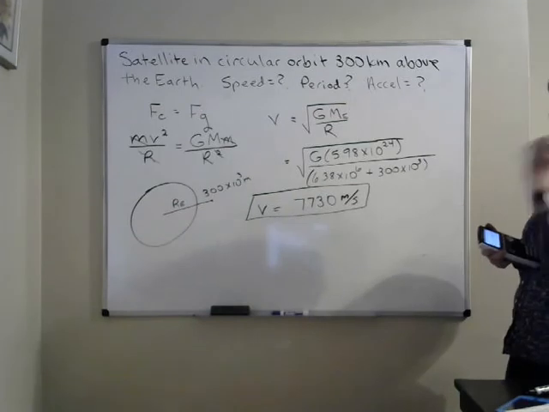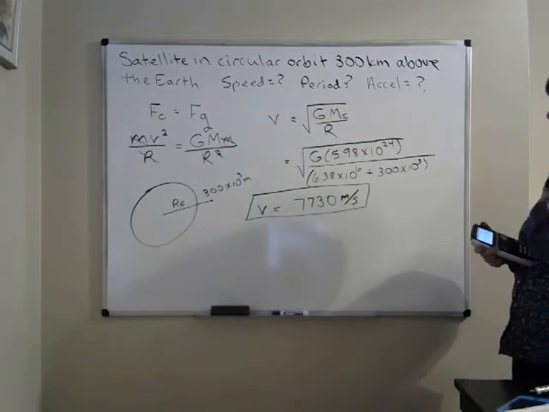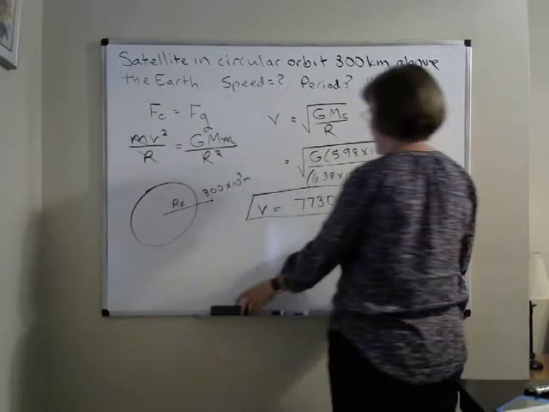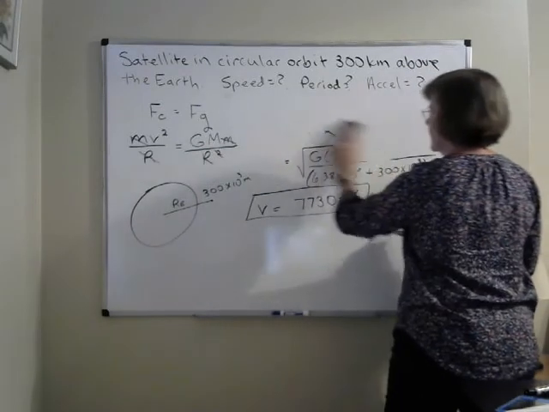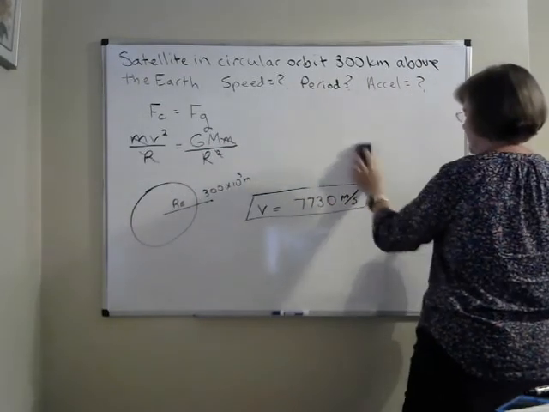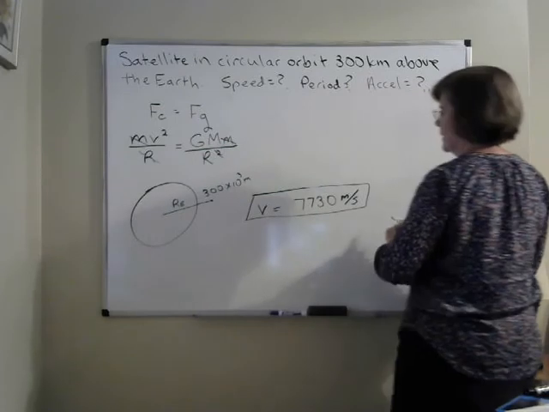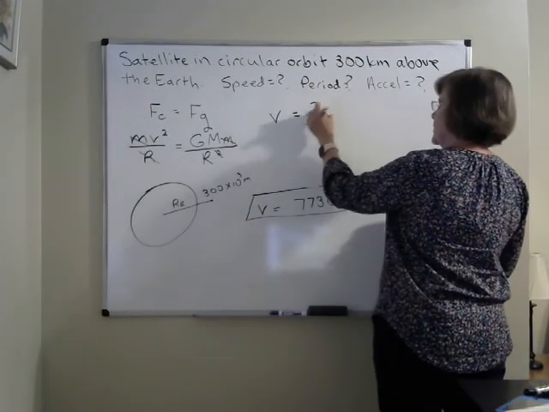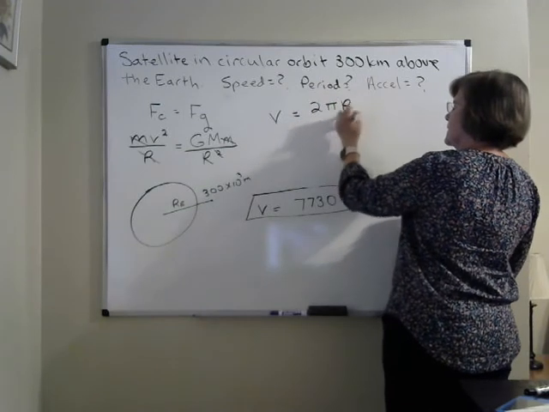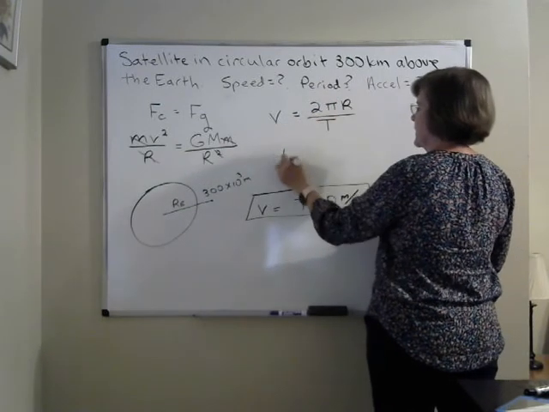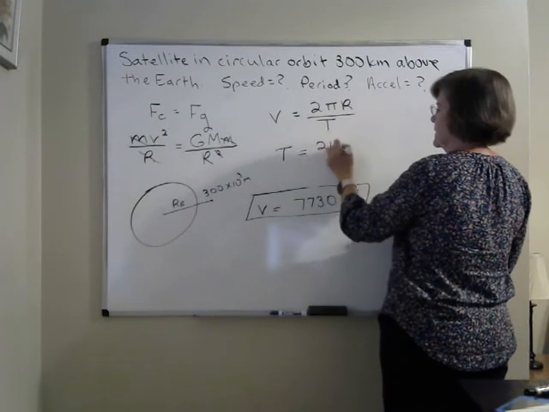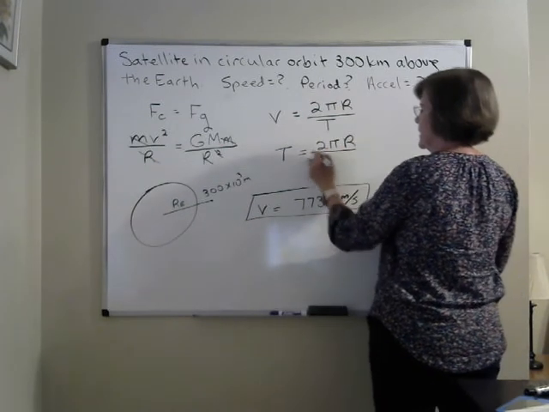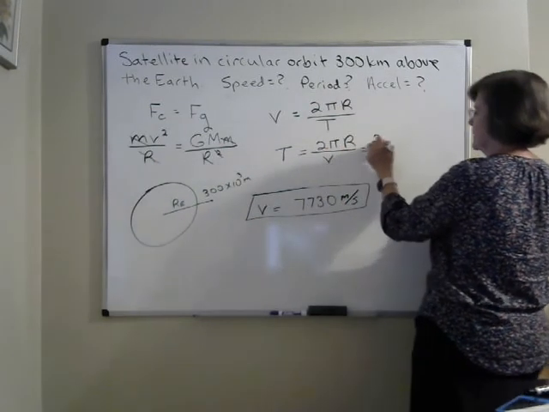What else do they want to know? They want to know the period. Well, think about how we can get period. We know that the speed is the circumference divided by the period, which means the period is the circumference divided by the speed. Oh, well, I have these numbers.